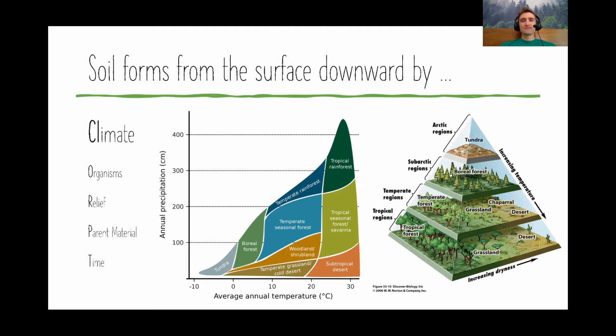If you stay dry but go up in temperature, you will get to subtropical deserts. And if you stay on the dry side but go up in precipitation, you ride this curvy line that takes you from tundra to a boreal forest, temperate rainforest, and then down into tropical rainforests.